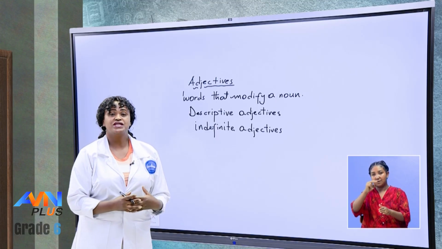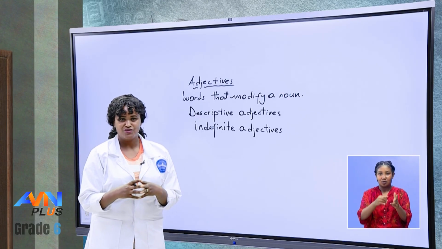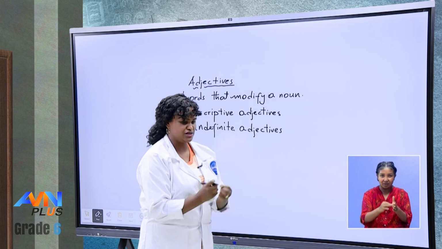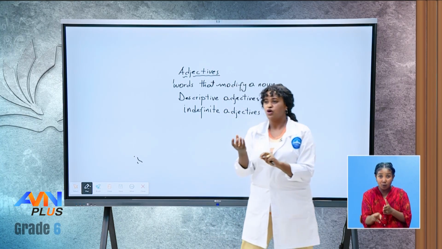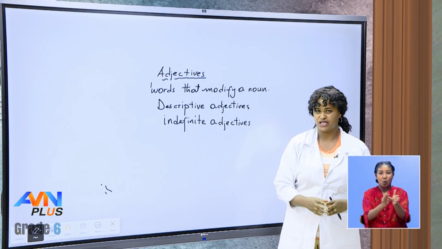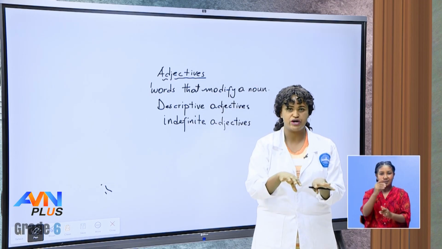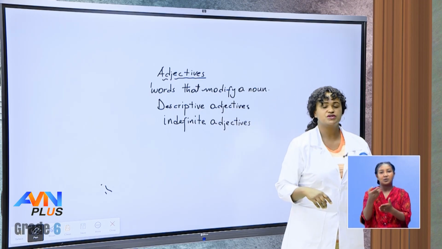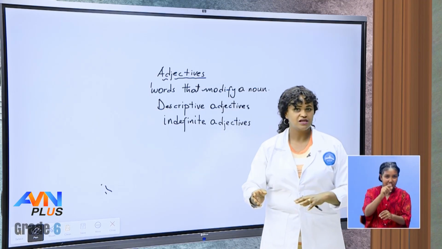There are also the quantitative adjectives. When we say quantitative, quantity means what? It can be numerical or something which is measured. So when we say quantitative adjectives, with numericals you can find the exact number of something. For example, you say 3 students, 2 boys, 3 girls, yeah?